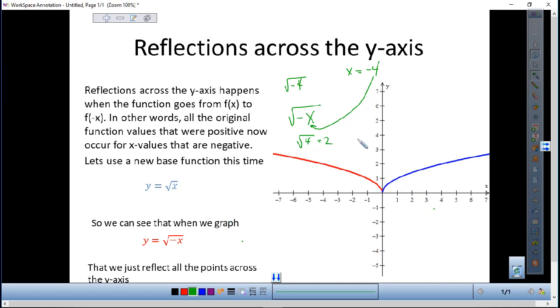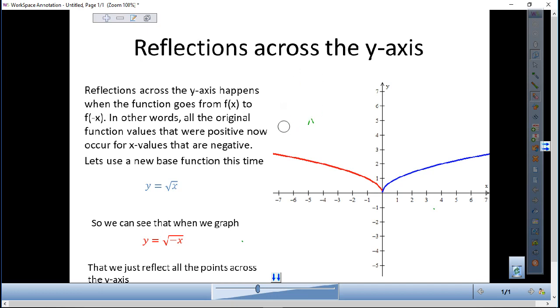Once again, can we let x equal 4 go into this thing right here? Well, if we do, we end up with the square root of negative 4, and we can't find it. So that's why the red does not go over here in the positive x direction, and the blue does not go over in the negative x direction, because for y equals the square root of x, we can only plug in these values over here that are positive.